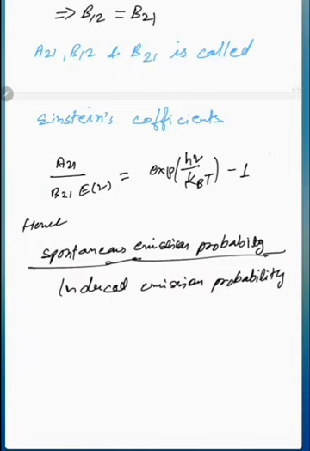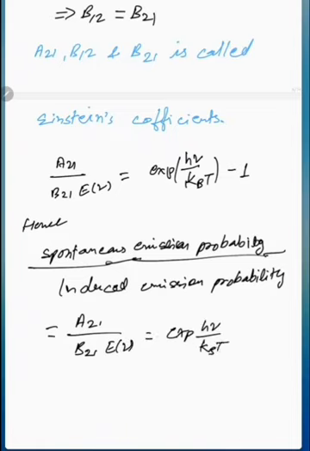That is, A21 represents spontaneous emission probability and B21 E nu represents induced emission probability.